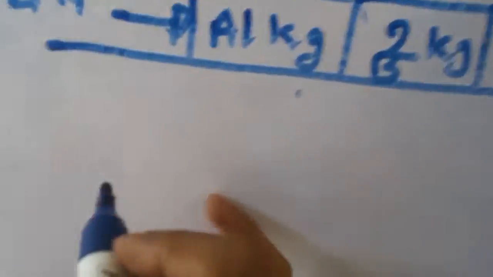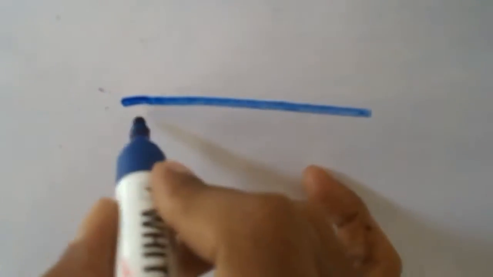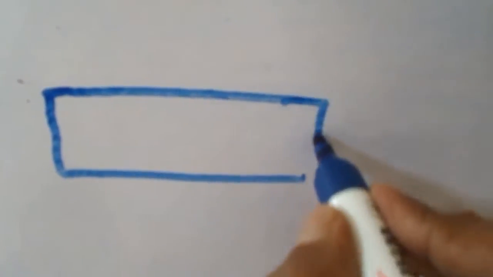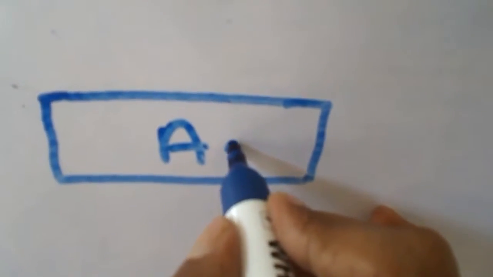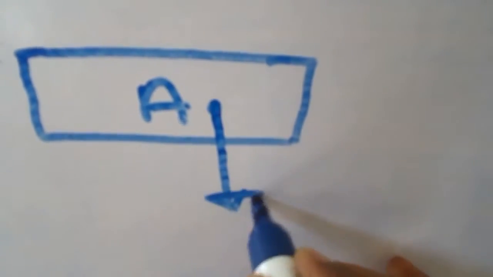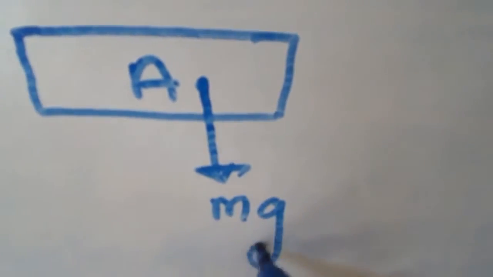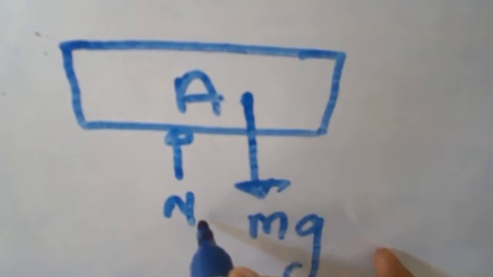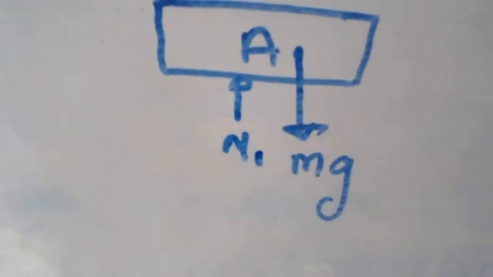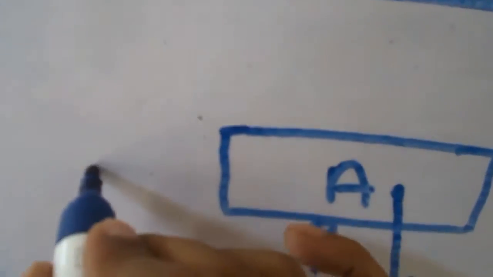So let me draw the free body diagram of this block A. Listen guys, this is A. It has mass and is in a gravitational field, so there is a force mg downward, and here is the normal reaction by the ground, let me call it N1. Here is a force of 4 Newton.